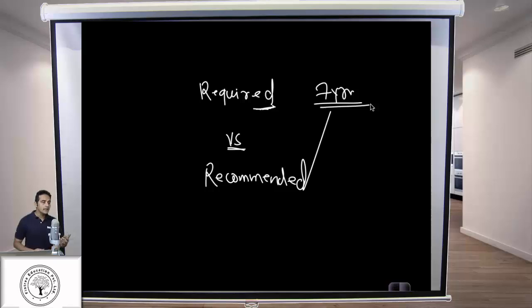Which means if you guys are my clients, whatever communication I have with you, I will maintain those records for 7 years. Recommended might say, let's say, that you should maintain for 12 years. If someone maintains records only for 7 years, is he in violation of the CFA Code of Ethics? No. So what is required is the minimum that you're supposed to do. What is recommended is good to do, but it is not compulsory.